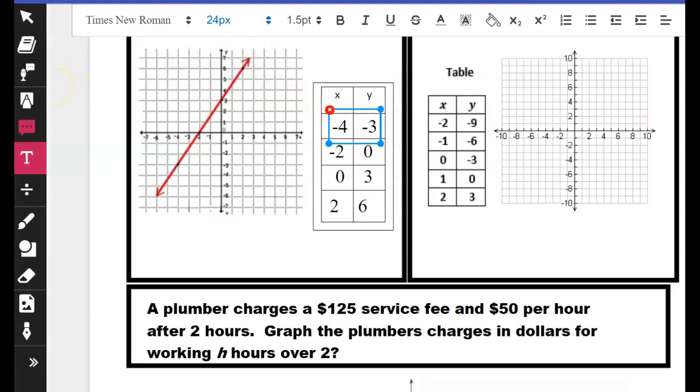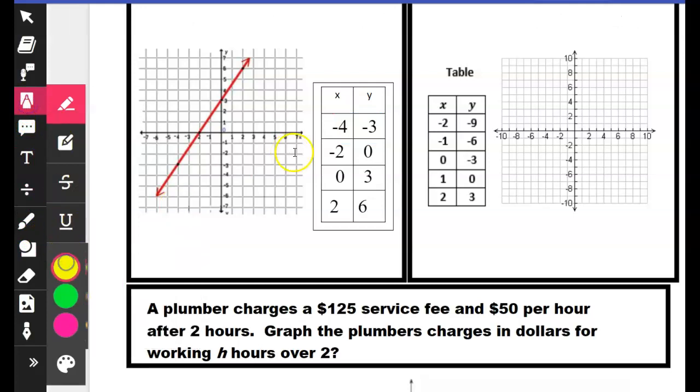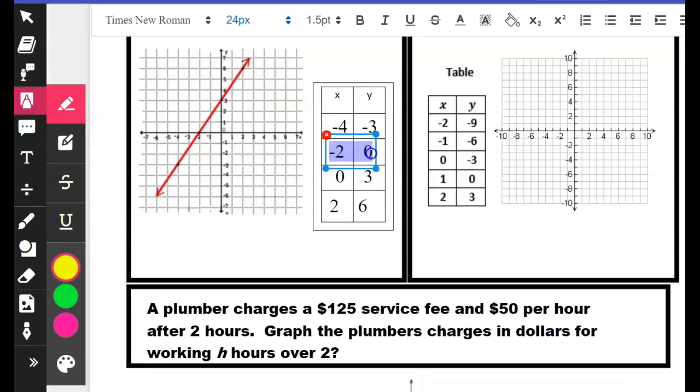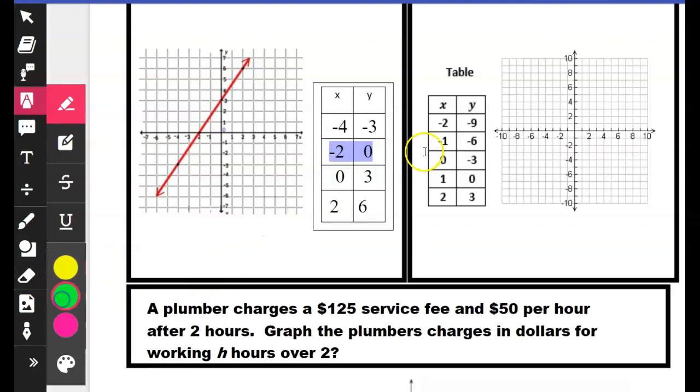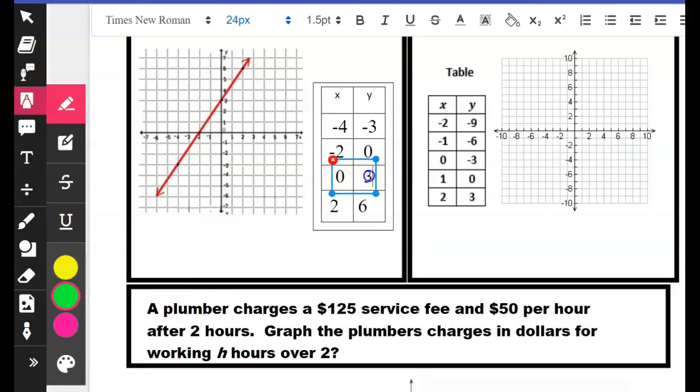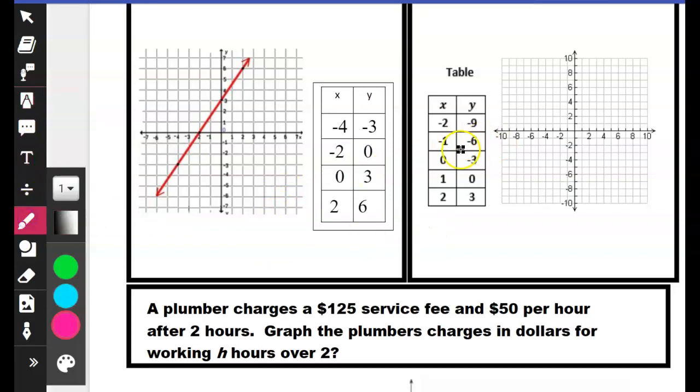Do I have a highlighter over here? This point right here is my x-intercept. This point right here is my y-intercept. Okay.